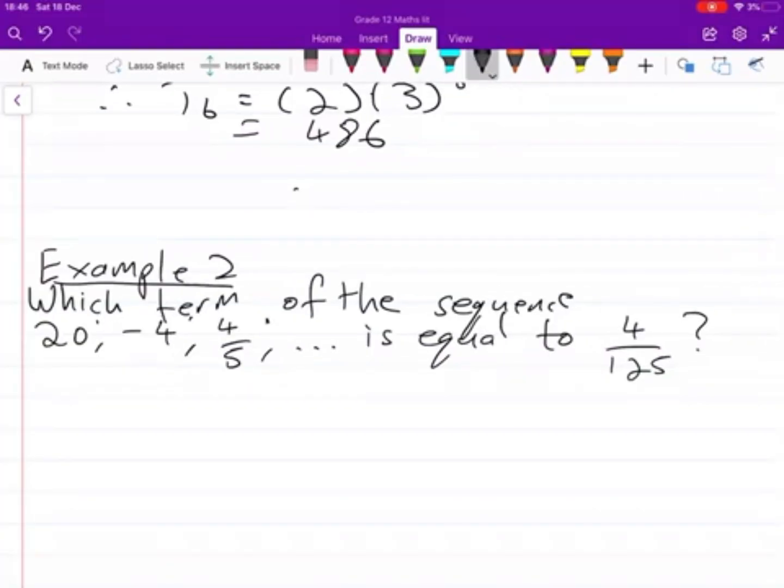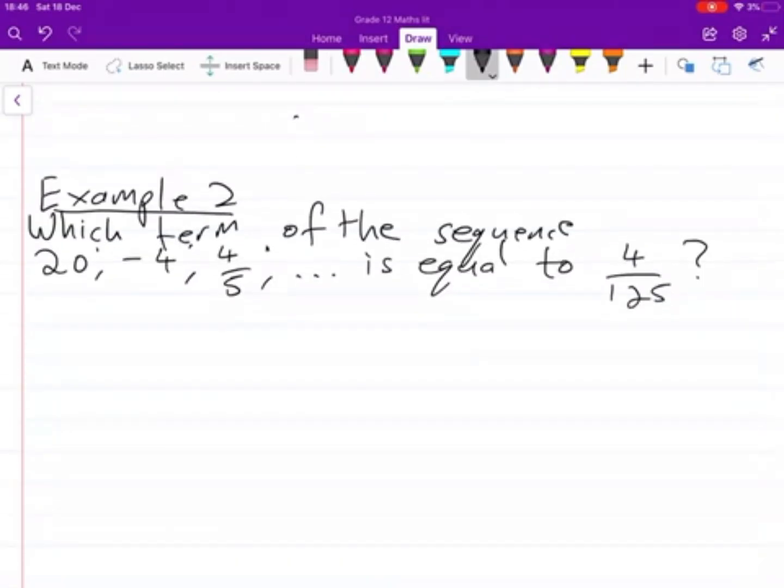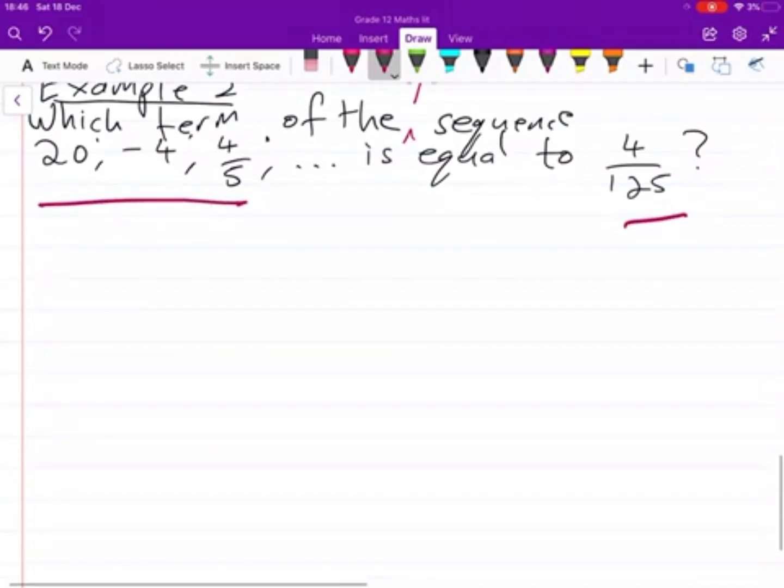We are now on example 2 of geometric sequences, and this is case 2 of geometric sequences. For purposes of not wasting time, I will say this is a geometric sequence so that we don't waste time figuring out what type of sequence we are dealing with. The question says, which term of the geometric sequence is equal to 4 over 125?